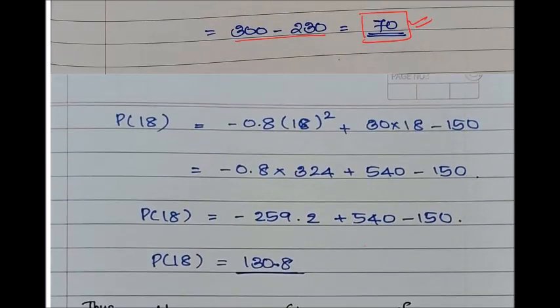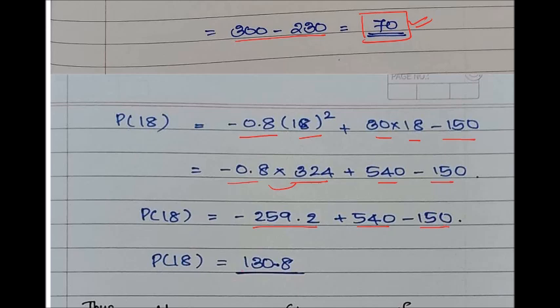Now we are finding the value of P(18). P(18) = -0.8 × 18² + 30 × 18 - 150. That's -0.8 × 324, since 18 squared is 324, plus 540 minus 150. Hence P(18) is equal to -259.2 plus 540 minus 150.